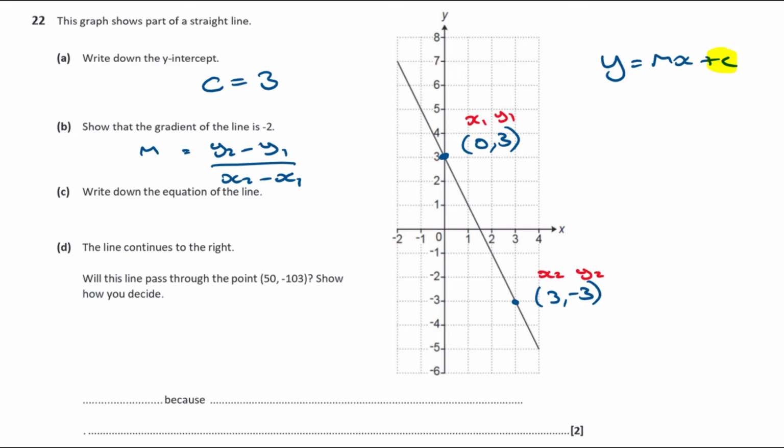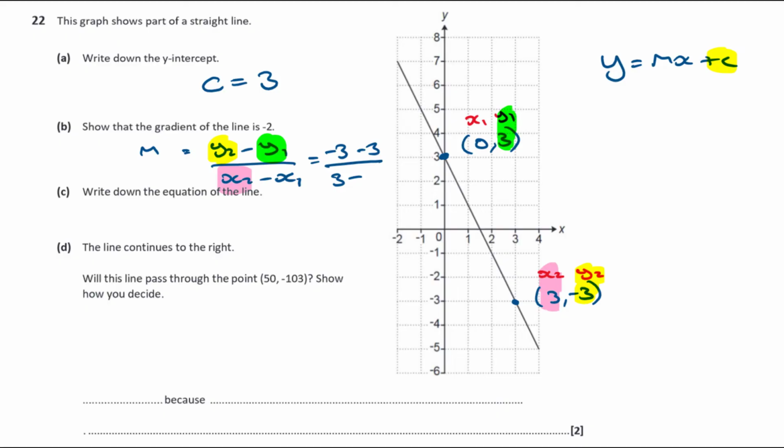So subbing those into the formula then, y2 is this number here, it's -3. So that's -3 minus y1. Where's y1? y1 is here, 3. So -3 minus 3 divided by x2. x2 is this one down here, so that's 3 minus x1.